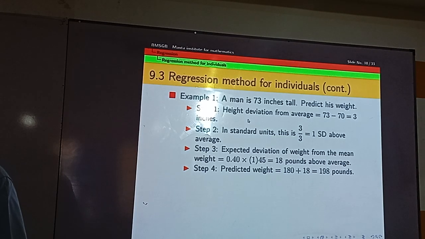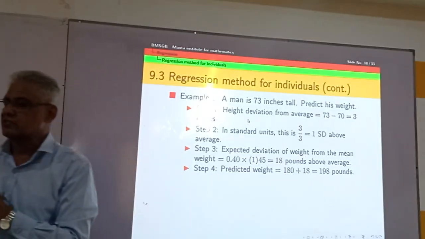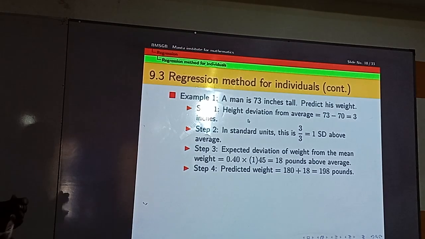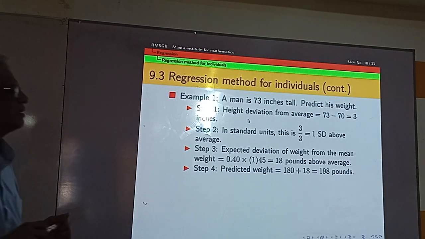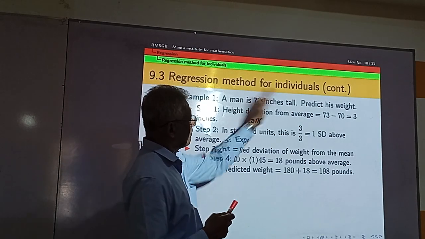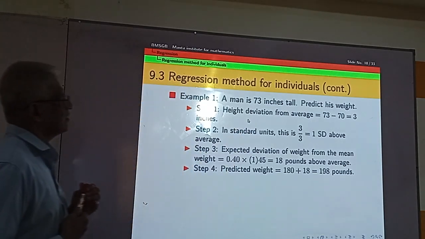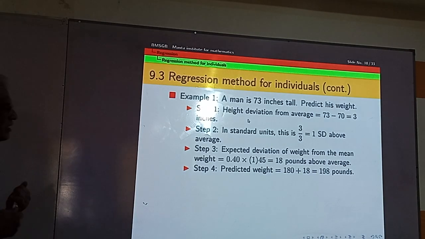Okay, here is again a simple example. This is an individual we are talking about, not the average now, predicting the individual's weight. A man is 73 inches tall, predict his weight. So if the average height is 70, 73 is one standard deviation above the average.